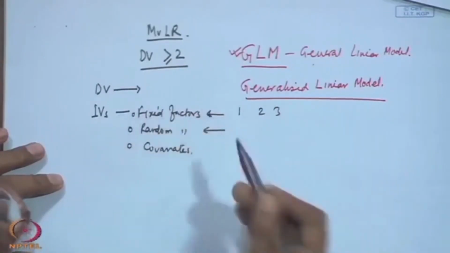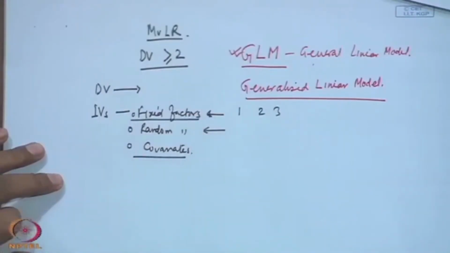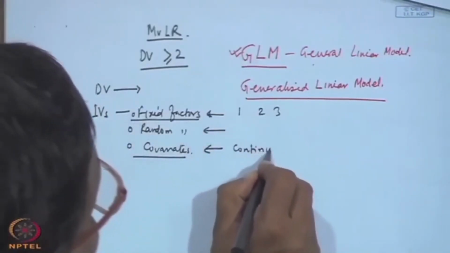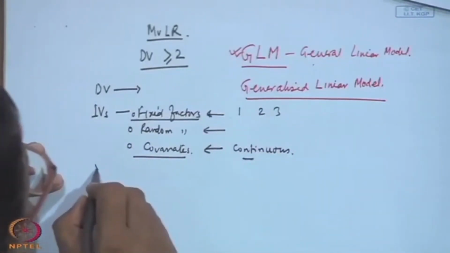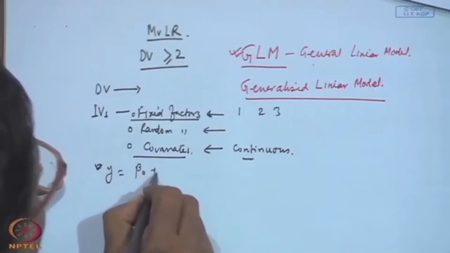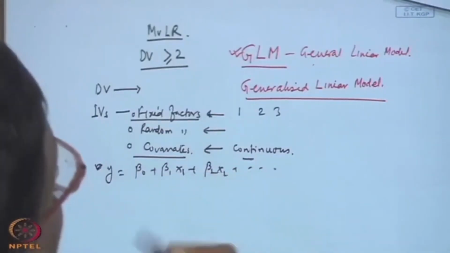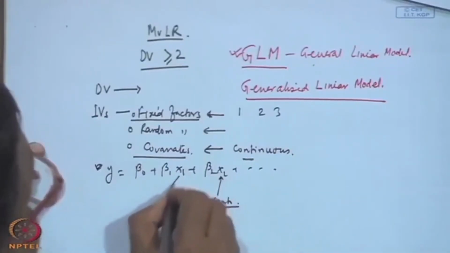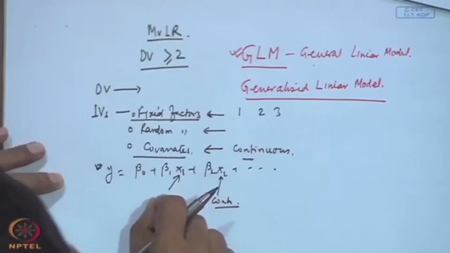We are basically considering the fixed factor model, and covariates are used if the factor is continuous. Getting me? For example, my dependent variable is y. Suppose this is beta 0 plus beta 1 x 1 plus beta 2 x 2, like this. Suppose this one is a continuous measurement and this is a different level, that means categorical or nominal, you can say.